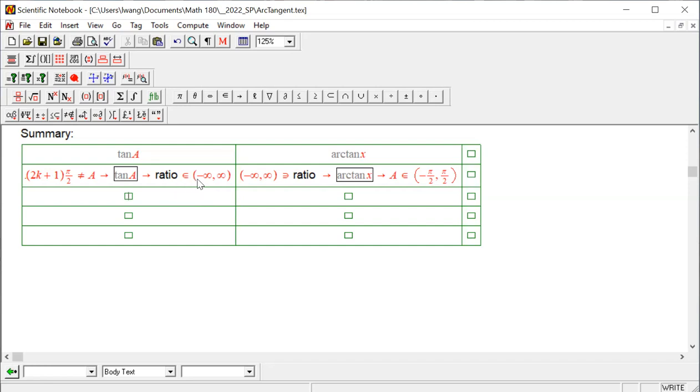Picture-wise, we saw the picture of arctangent. But what is the inverse of arctangent? Suppose I put f of x equals arctangent, what is the inverse of it?